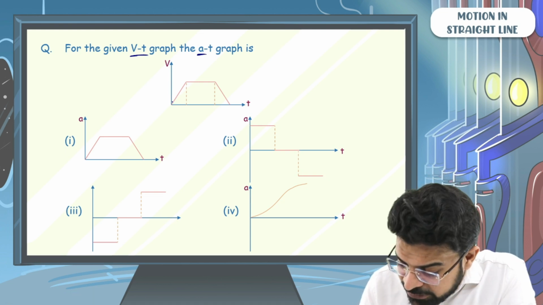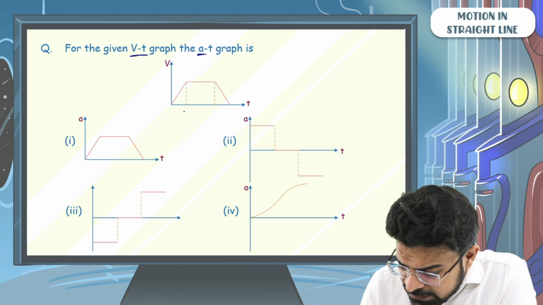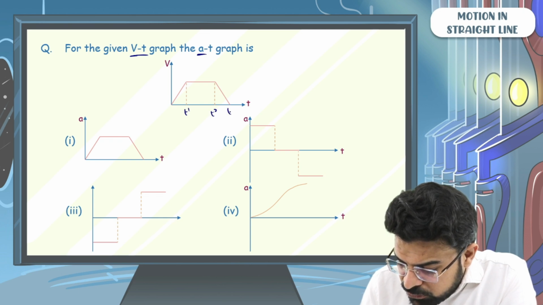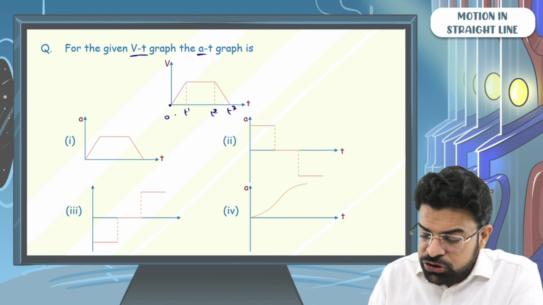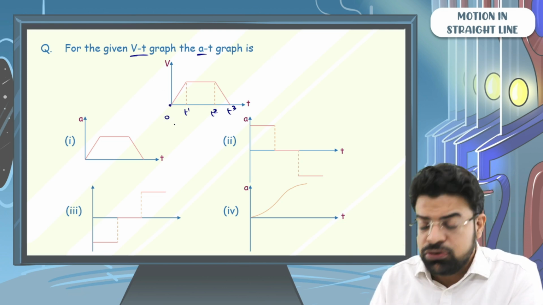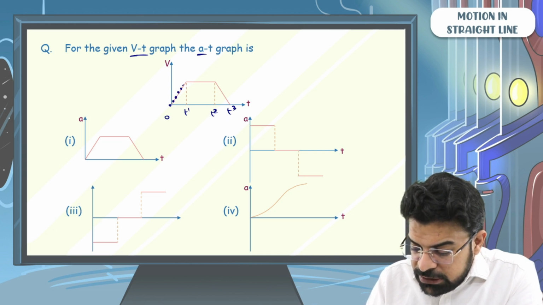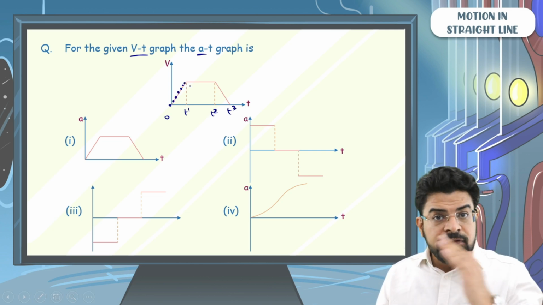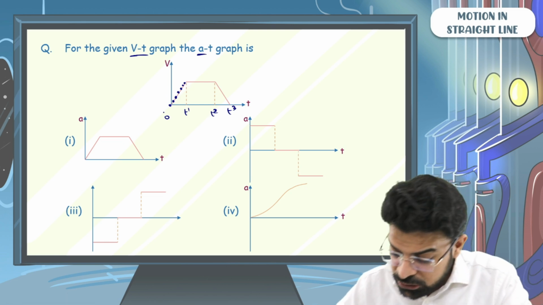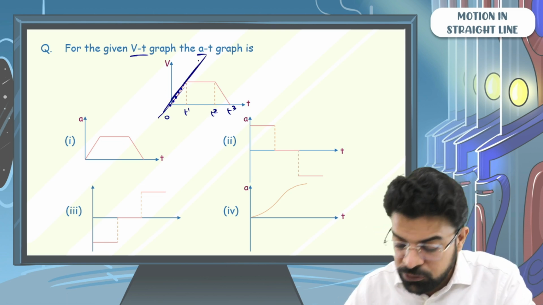So you can say, sir, let's call this time t1, this time t2, and this time t3. From time equals 0 till time equals t1, the slope of the velocity time graph is constant and the velocity is increasing, so the acceleration has to be positive constant.